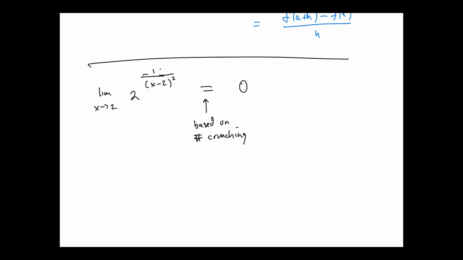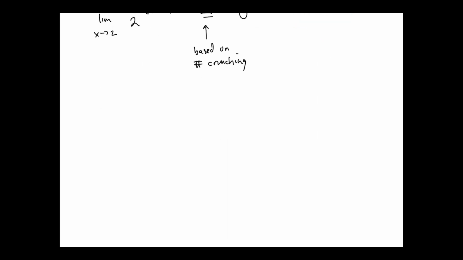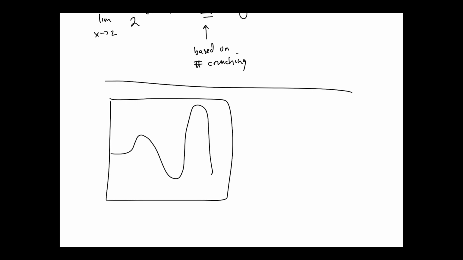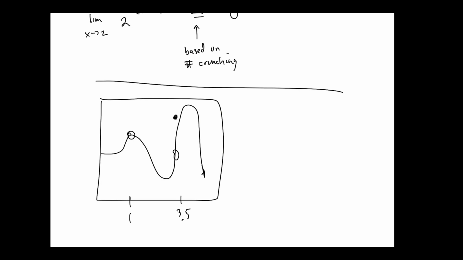Let's look down at the little graph on the bottom corner there, and I'll make a crude sketch of it. It was something like this, and then there was a hole here and a hole, say here, and a dot there. Then the axes, 1 was here, 3.5 was here, and stuff's in the middle.